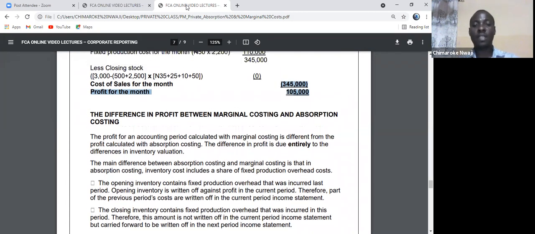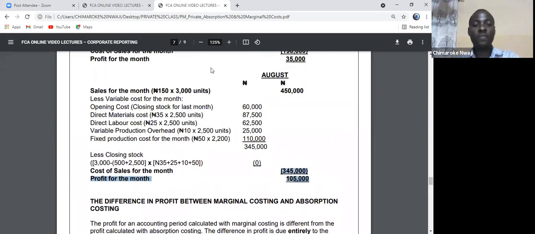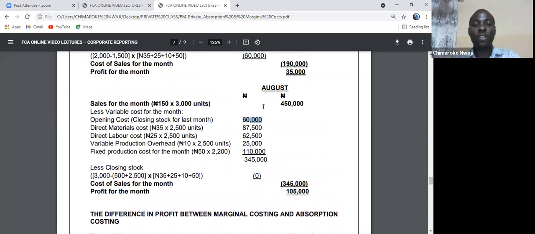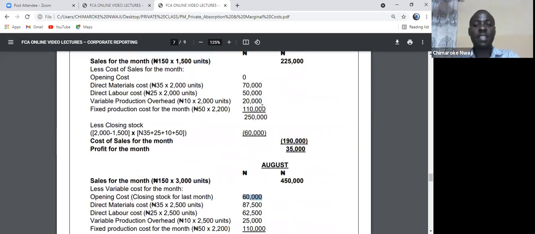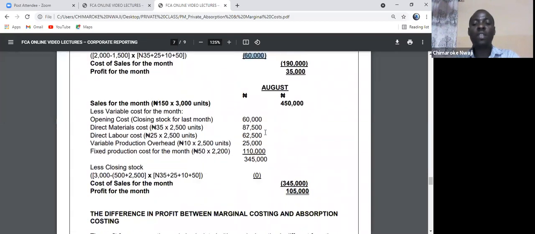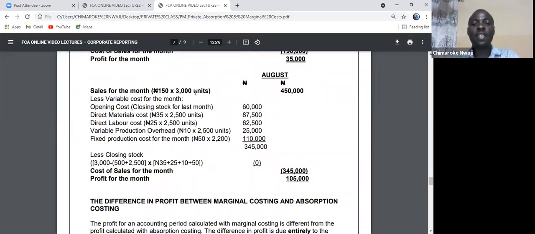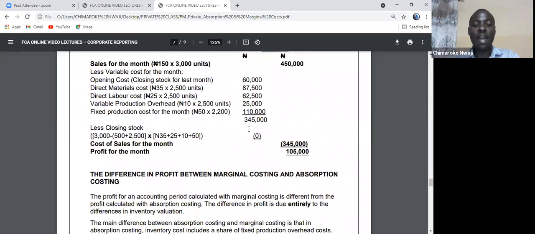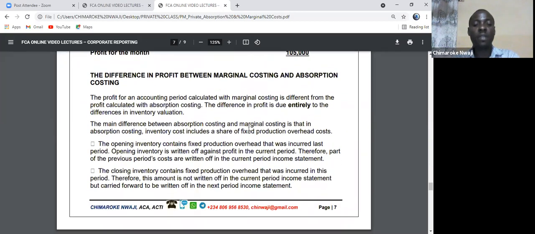So if you look at this opening inventory here, which is 60,000 naira, it contains an element of fixed production overhead that was incurred last period. It is part of it that is apportioned, like we got this 60,000. Okay.